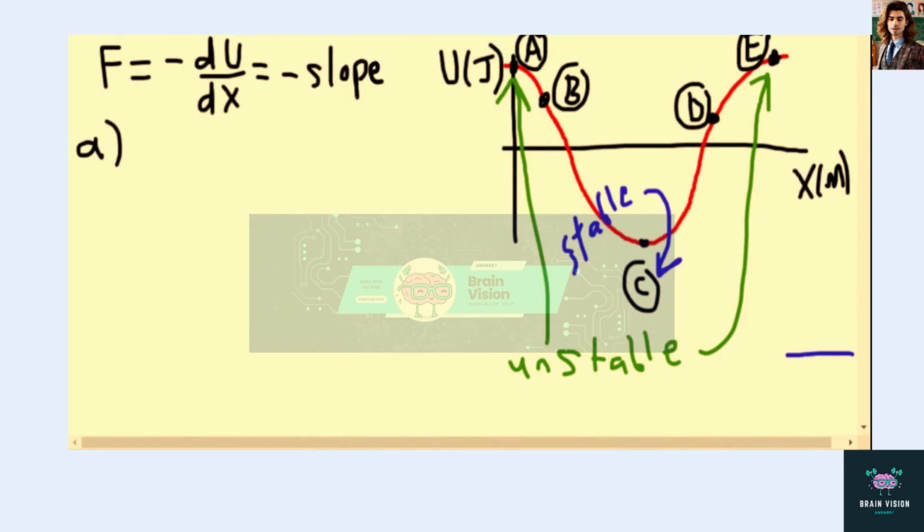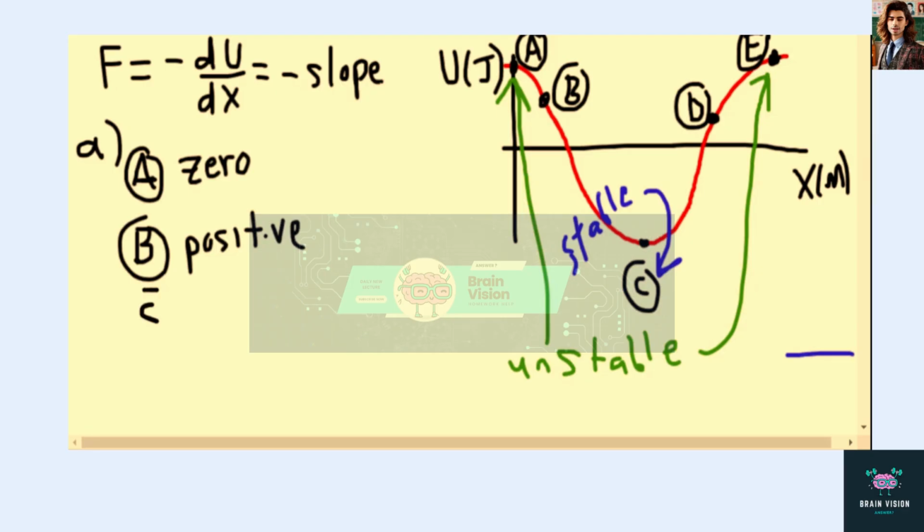At A, the slope is 0, so the force is 0. At B, the slope is negative, so the force is positive. At C, the slope is 0, so the force is 0.